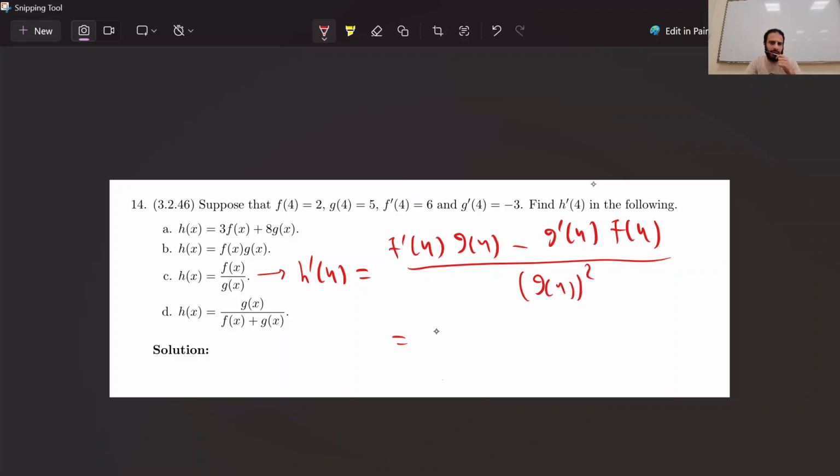Now substitute values: 6 times 5 minus g prime of 4, minus 3, times 2, over g of 4 squared, which is 5 squared. So we have 30 plus 6 over 25.